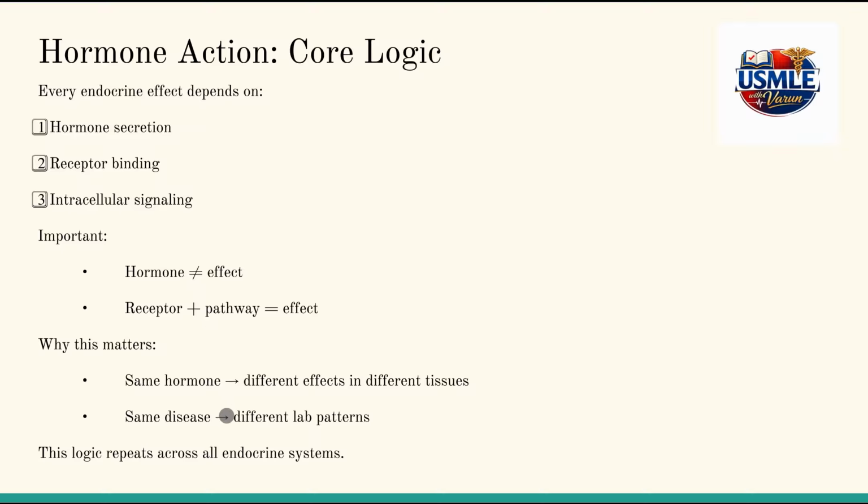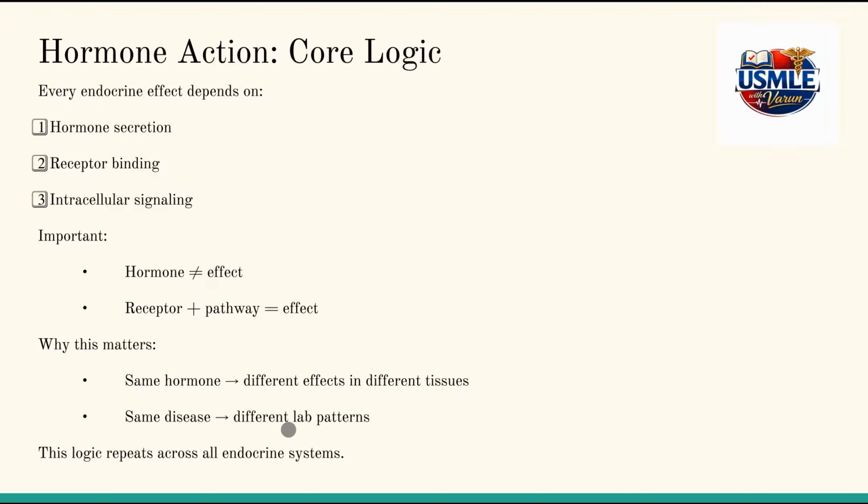This is why the same hormone can produce different effects in different tissues, and different defects cause different diseases even when hormone levels are normal. The same disease may present with different lab patterns.